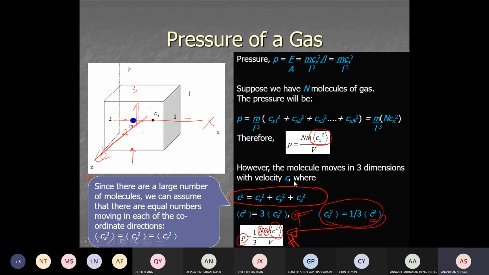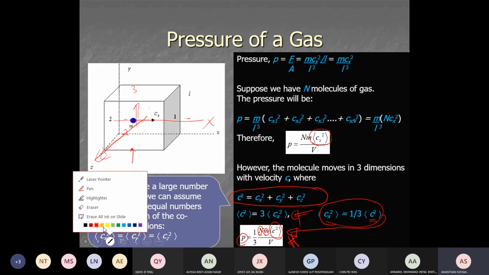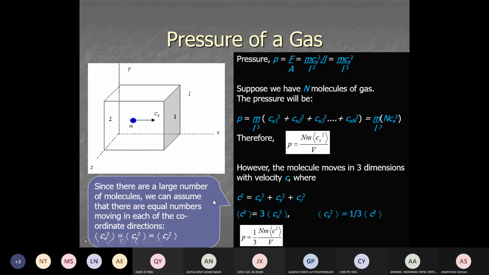Then they relate c squared to cx, cy, cz, and they got the equation. But I tell you, two or three times in the past years, only a part of this derivation has been asked. Which part has been asked three times? If I'm not mistaken, maybe three times. I think they really focus on that. Which one?